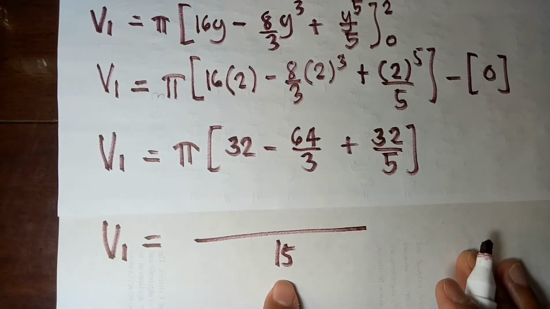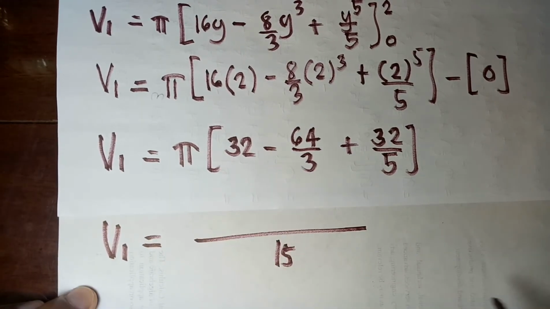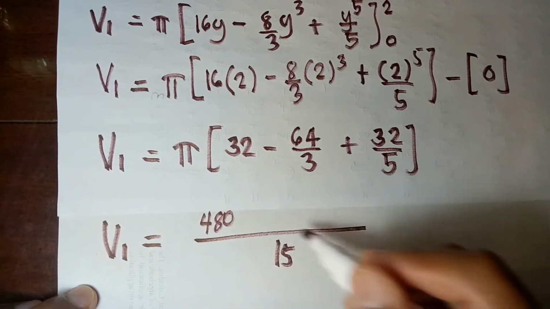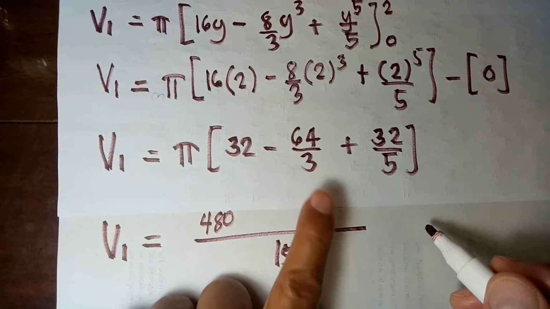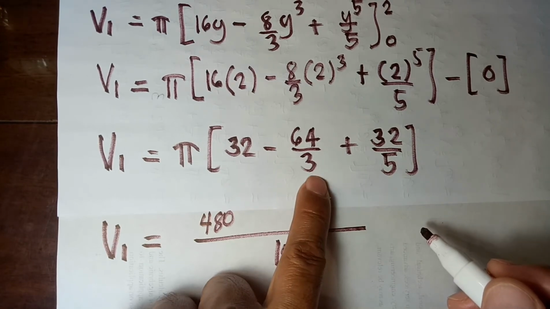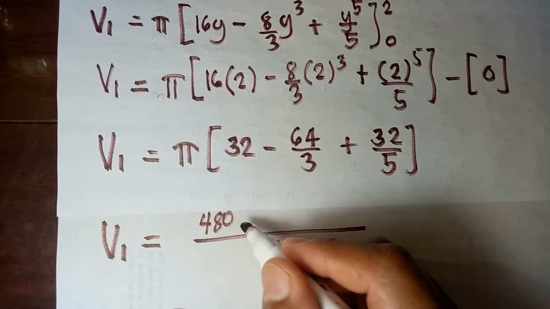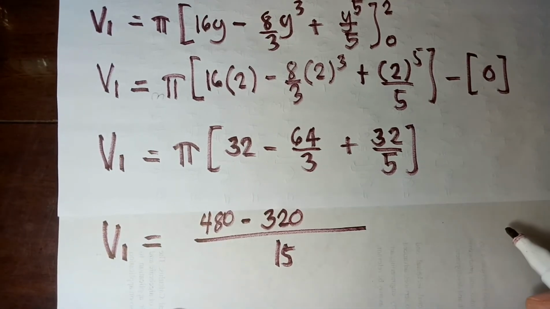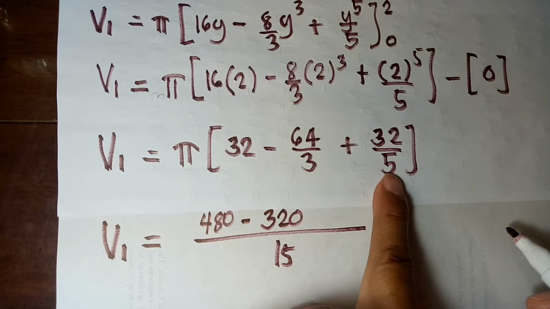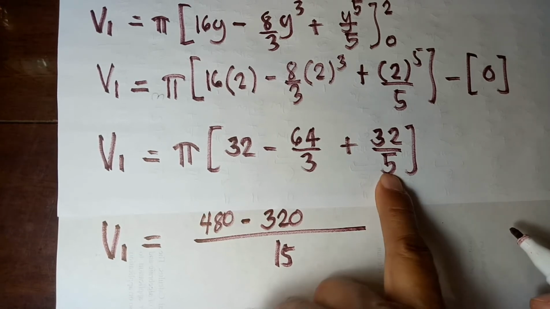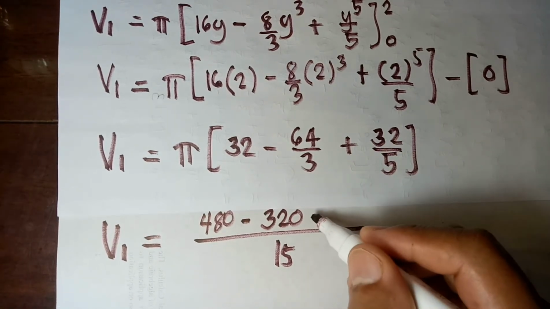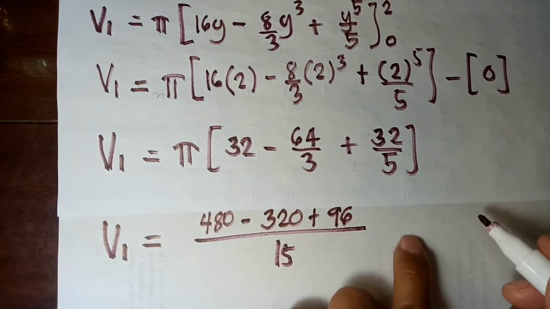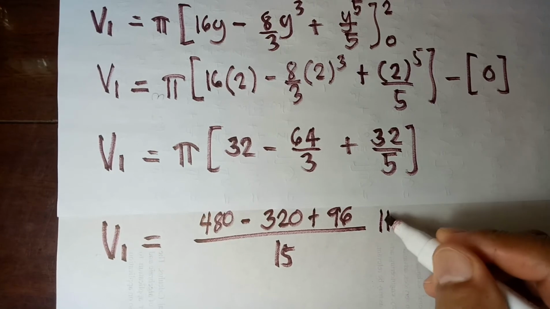So 15 times 32 equals 480, no? 480. 15 divided by 3 is 5 times 64 is 320. And then 15 divided by 5 is 3 times 32 is 96. So plus 96. Tapos yung pi na yun ay ilipat natin dito sa kanan.